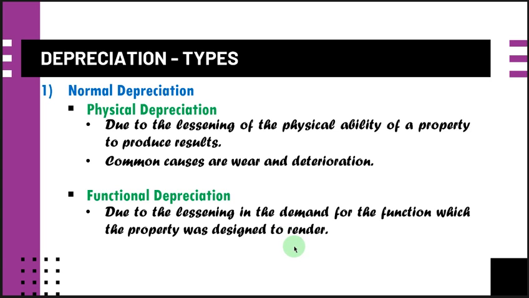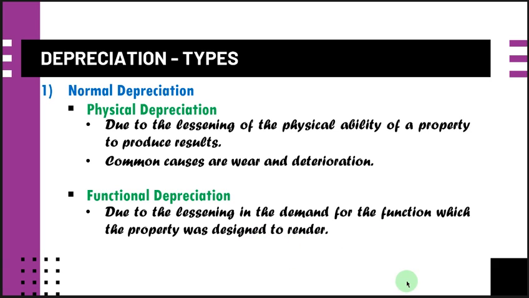A common example for this, we have now this laser printer, as you can see in some shops. So during the printing and the rendering, maybe if the quality is low, you may relate that to the lessening in the demand for the function which the property was designed to render, which is quality printing.